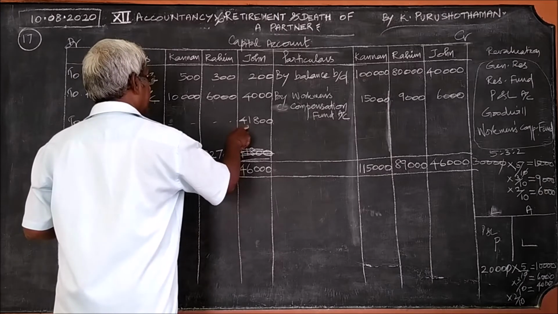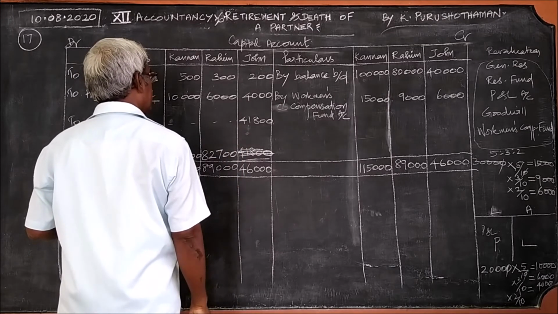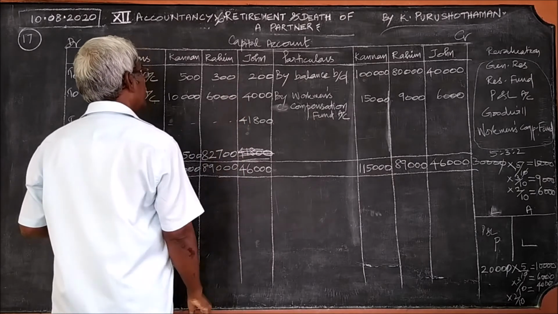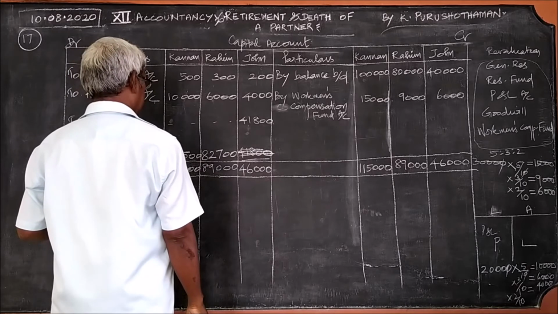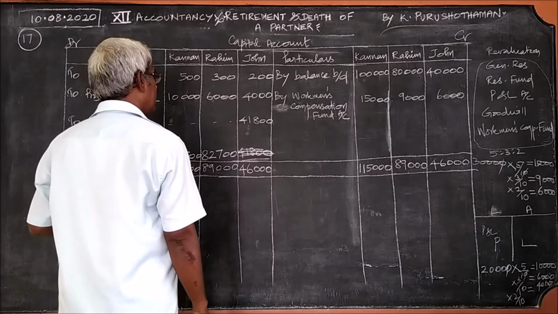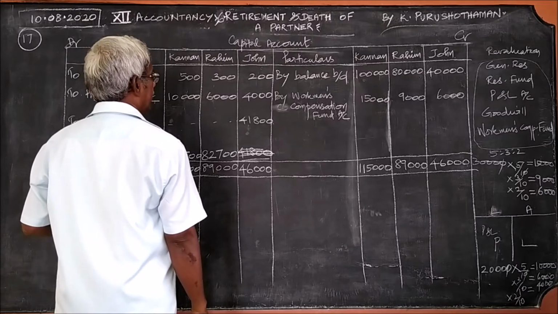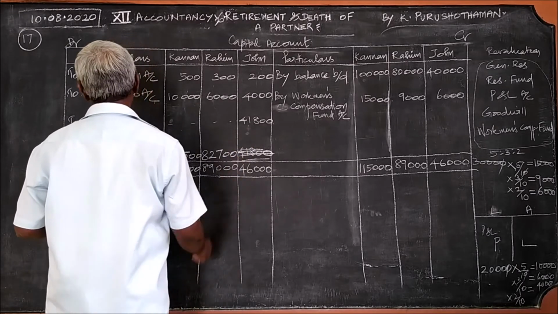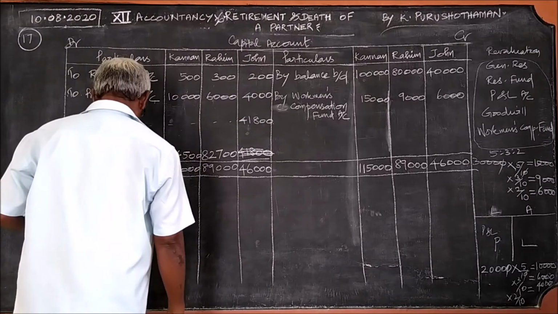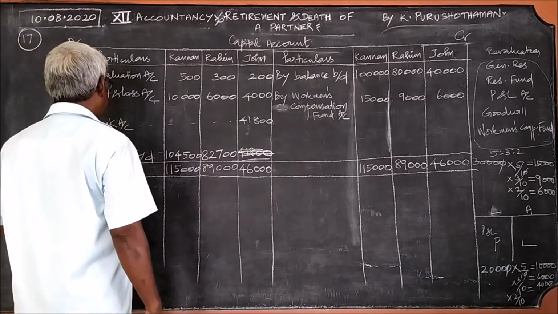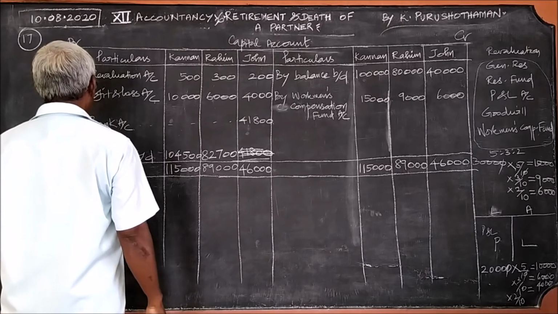But this man, who is he? John retires. In that case, in his account, the amount will not be carried down, so it should be shown separately. The amount is paid from the bank account.